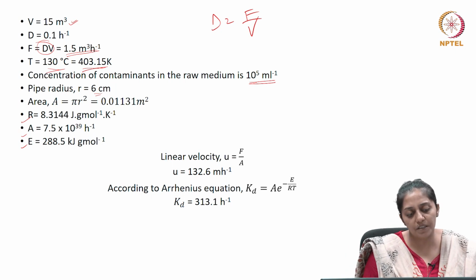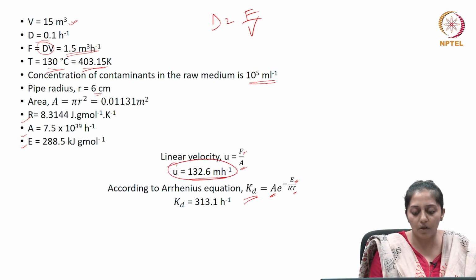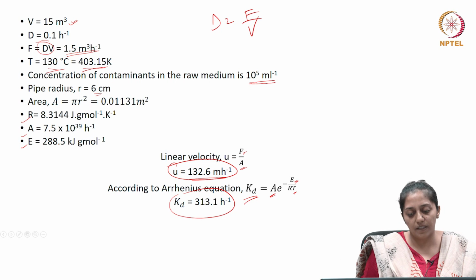From the listed information, we can calculate the linear velocity, the fluid velocity in the pipe, which is the volumetric flow rate divided by the area of cross section. So, it comes out to be 132 meter per hour. Now, the Arrhenius constant and the activation energy at 130 degrees C are given, so we can find the thermal death rate constant. So, two things can be obtained: one is the linear velocity, the other is the thermal death rate constant.